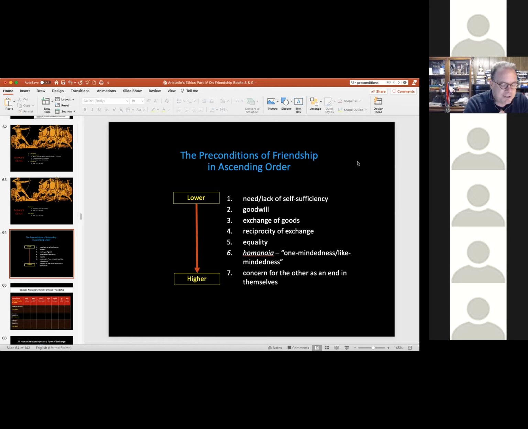Therefore, Aristotle implicitly believes that whenever you get in a relationship with somebody else, you are getting some form of a benefit from them, because if you didn't believe you were getting a benefit, you wouldn't be in that relationship at all. It wouldn't exist. Now, here's the catch.